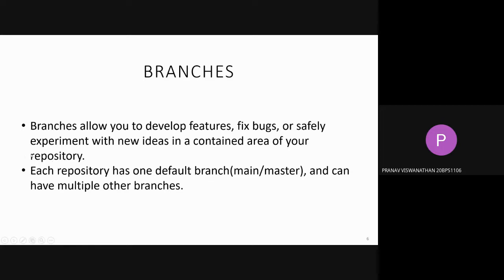Basically, when code works, you don't really want to mess with it. But if you want to add a new feature, like a new section on your website for contacting someone, creating a branch and then working with it will protect your repository. In case something went wrong, you can always revert back to the previous working branch.